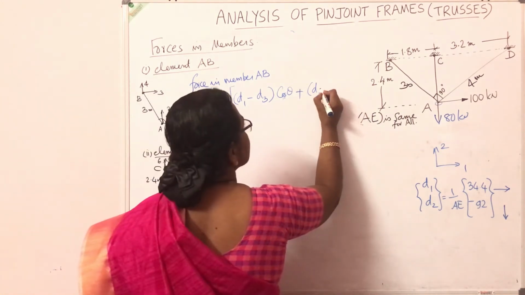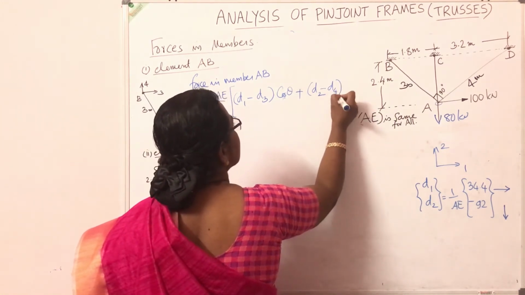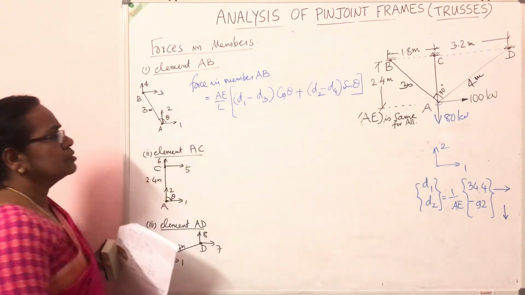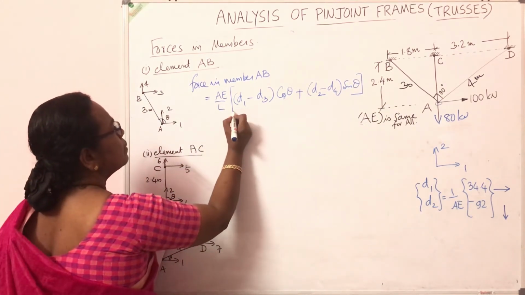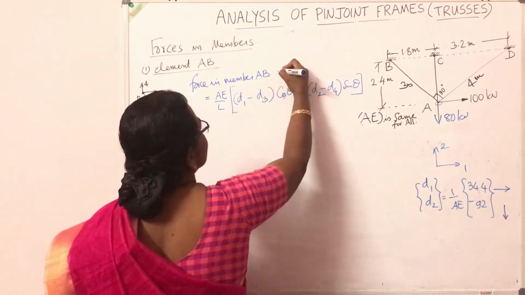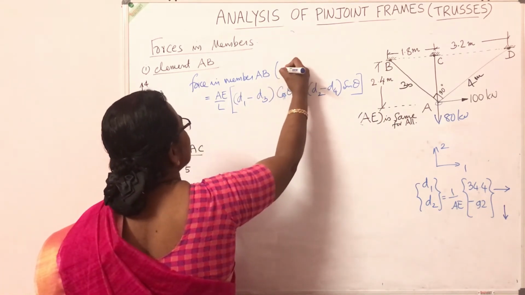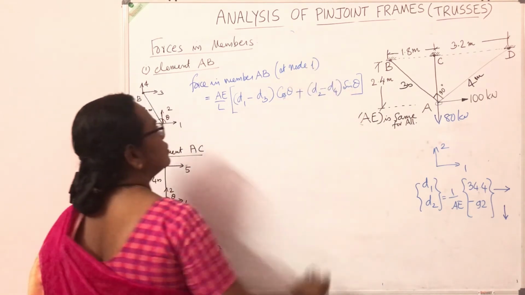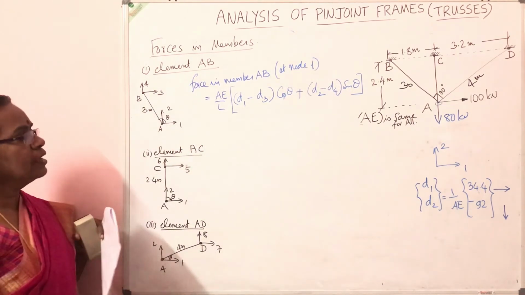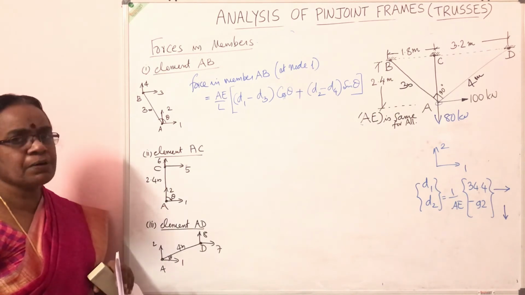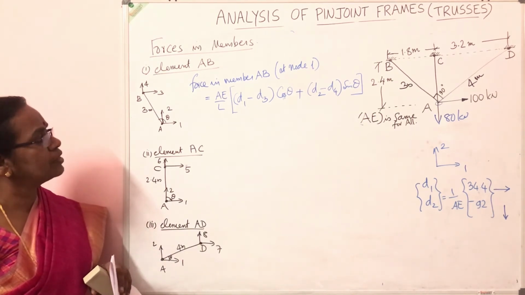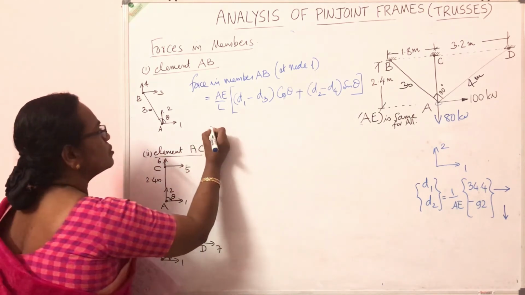So difference in vertical displacements D2 minus D4 sin theta. So this is the formula. The force in member at the first node is given by AE by L into D1 minus D3 cos theta plus D2 minus D4 sin theta. So let us substitute these values.